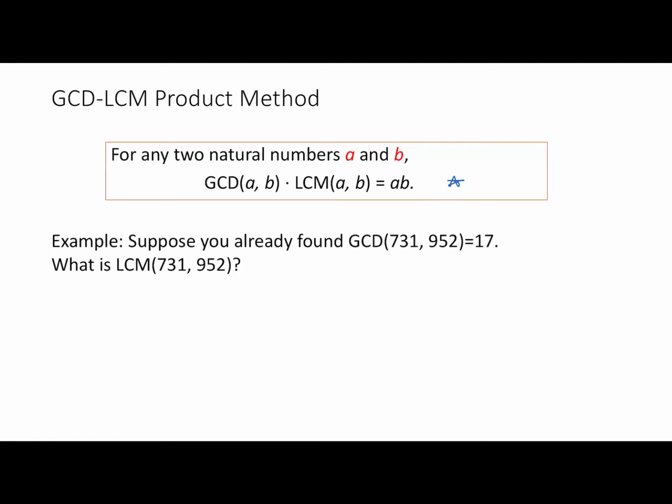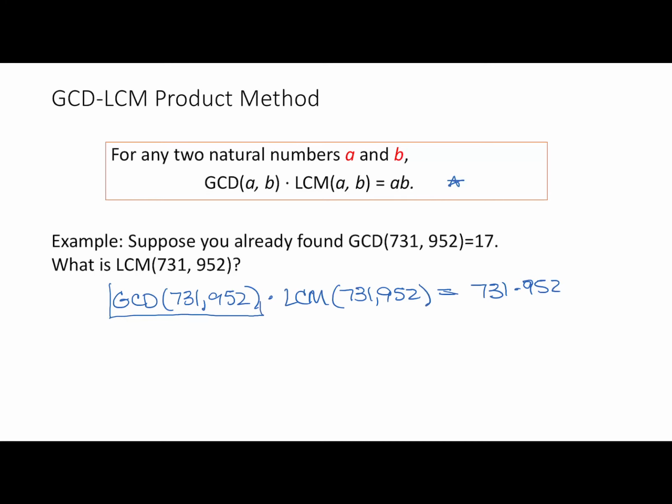So if I rewrite my fact, it says the GCD of 731 and 952 times the LCM of 731 and 952 is equal to the product of 731 times 952. Now I can replace the GCD here with its value. It's 17.